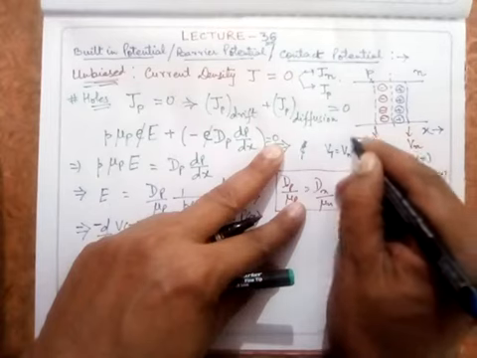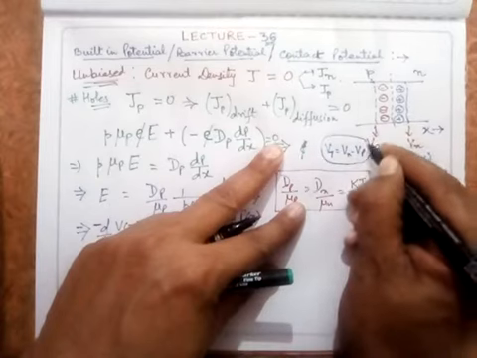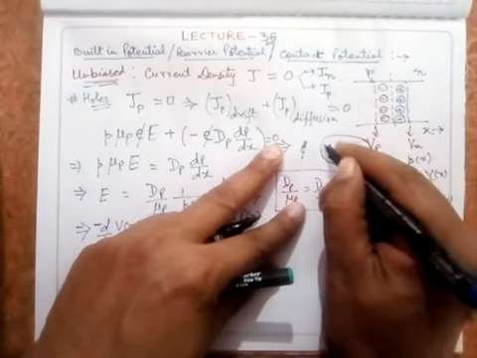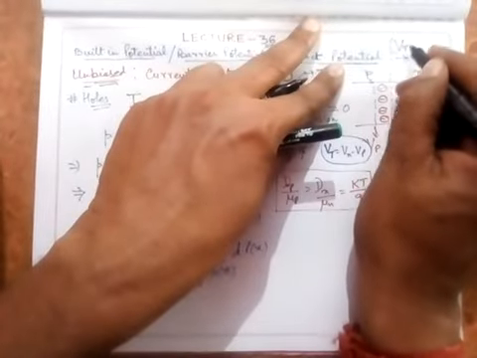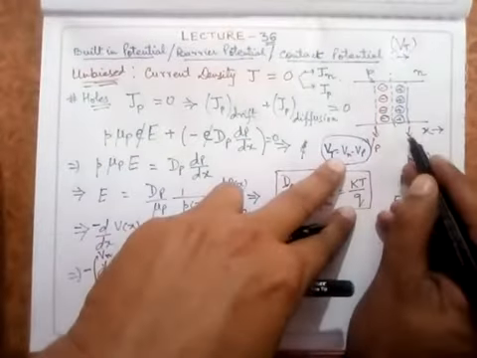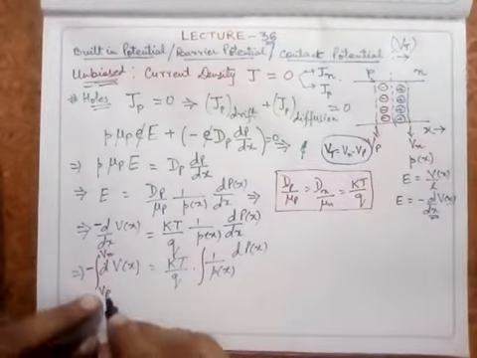This is what I am interested in. This Vt, or Vb, is this potential minus this potential. It is equal to this much.